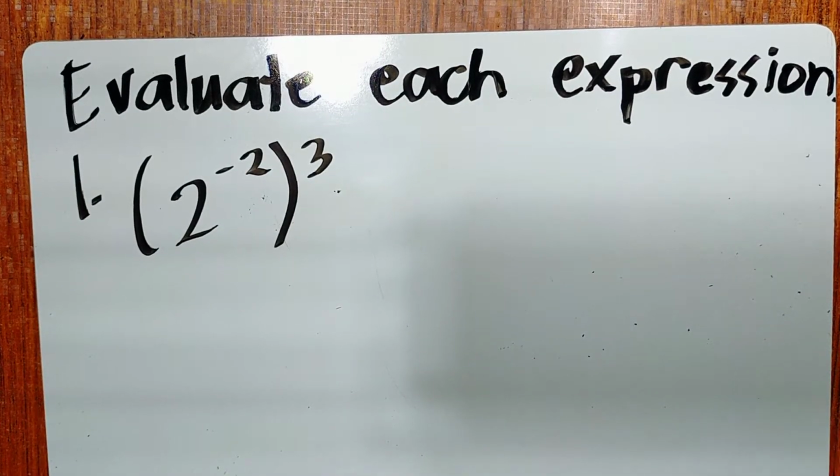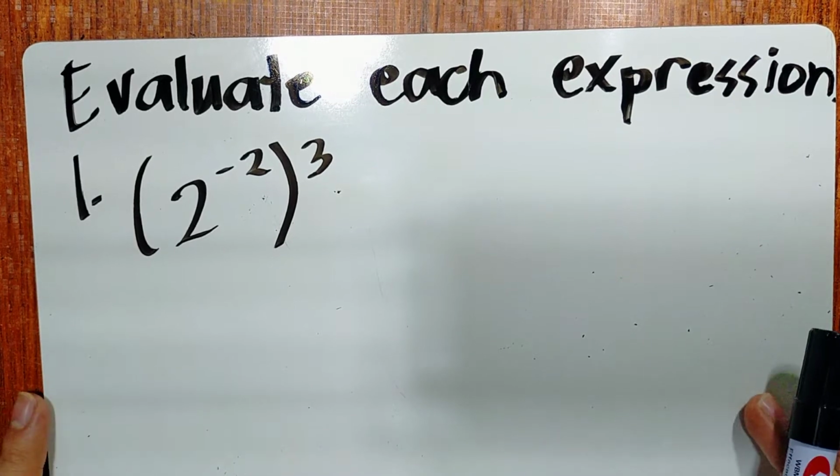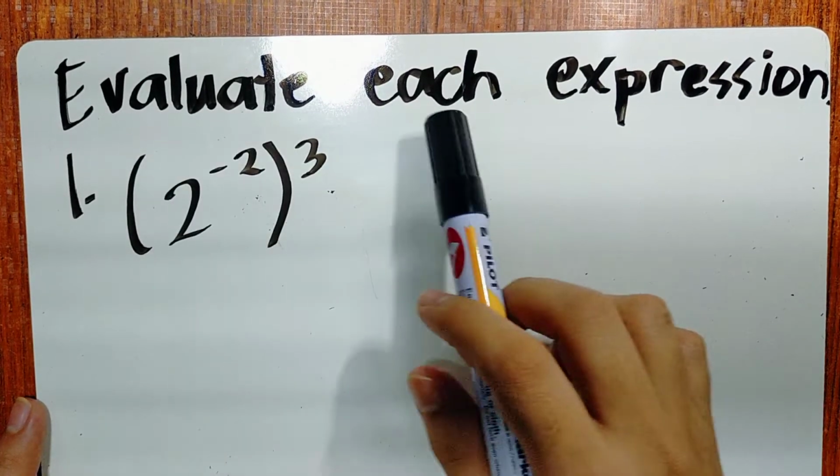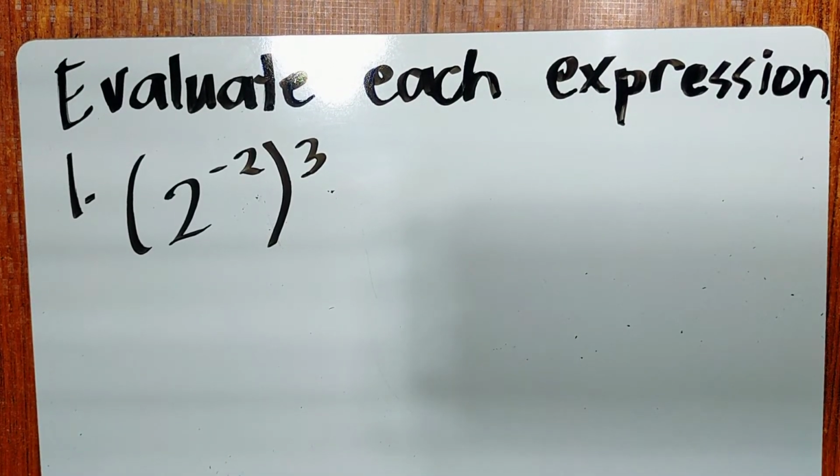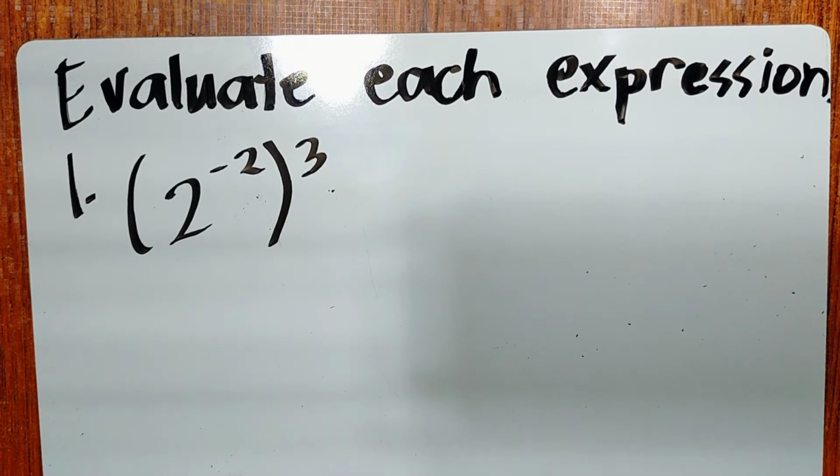Okay, so we have here the first example. Evaluate each expression. For number 1 example, we have quantity of 2 raised to negative 2, raised to 3. Okay? So, i-apply natin yun again, yung power to power rule. Okay.